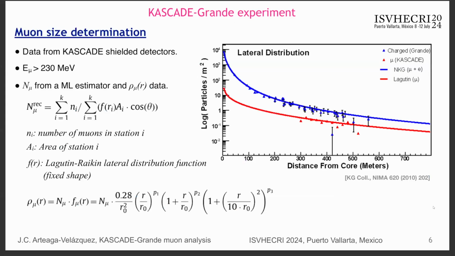As we are going to study the muon number in extensive air showers using KASCADE, I'm going to show you this slide in which we can see briefly how the number of muons was estimated.